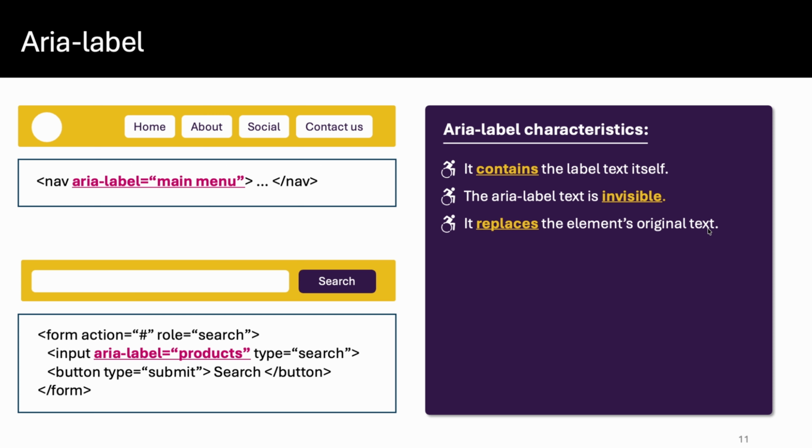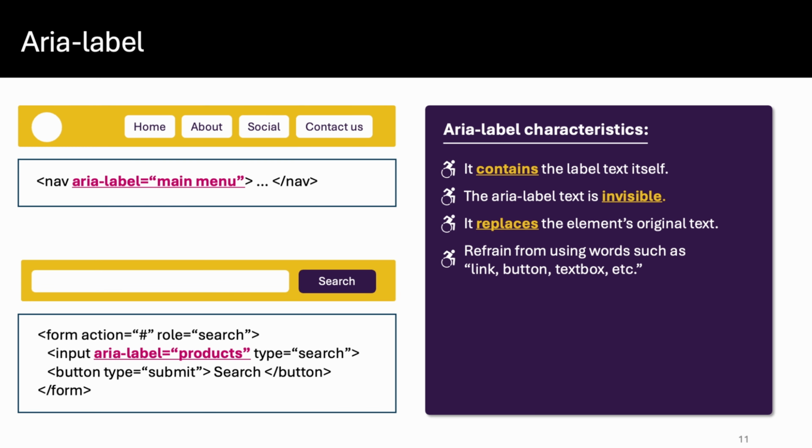It replaces the element's original text. So for example, if you have a button like "search", and I give aria-label equals "submit", your accessible name is now "submit" instead of "search". And a person who is using speech to text, like giving voice commands, might have trouble triggering this button because you changed the accessible name from "search" to "submit".